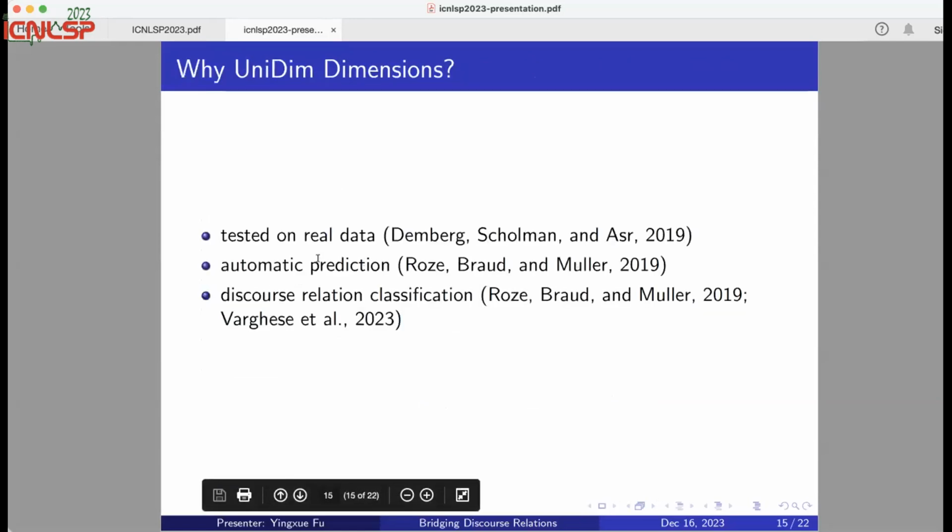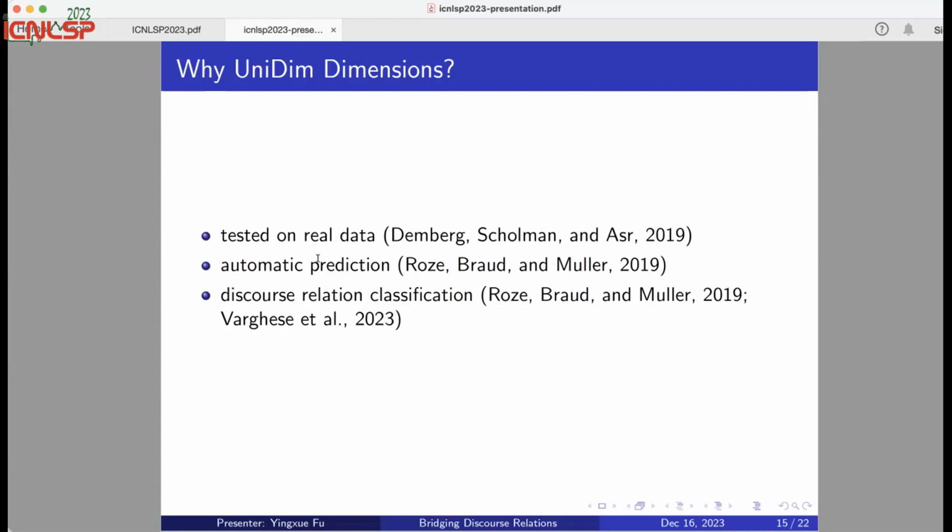So why do we use unity dimensions rather than the other proposals? Because in some studies that try to validate those proposals, they found that the results given by this unity proposal are more consistent with what they find in real data.